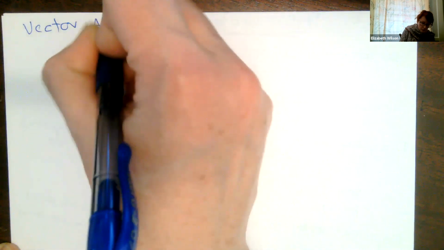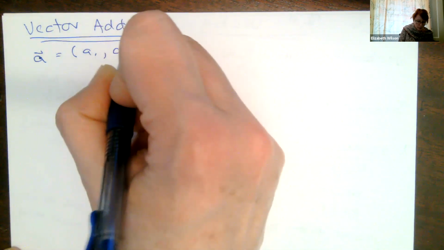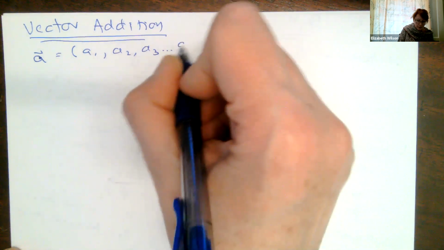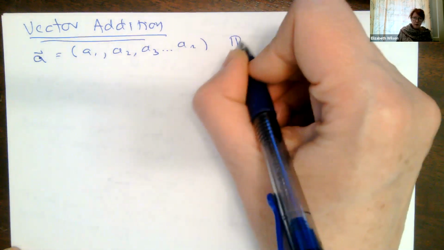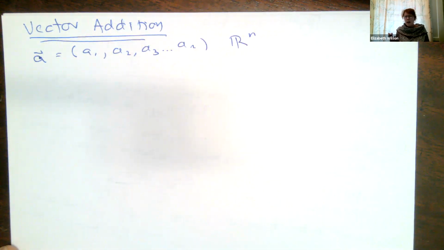Vector addition, let's talk about that. There's a geometry to vector addition in addition to the algebra behind what we need to do. Let's say I've got the vector A, which has components A1, A2, A3, all the way up to An. These are all real numbers in n-dimensional space, whatever n is.